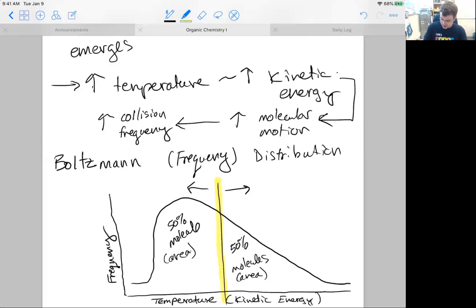So what does this yellow highlighted line represent? This is the average temperature of our collection of molecules. This is read by the thermometer.